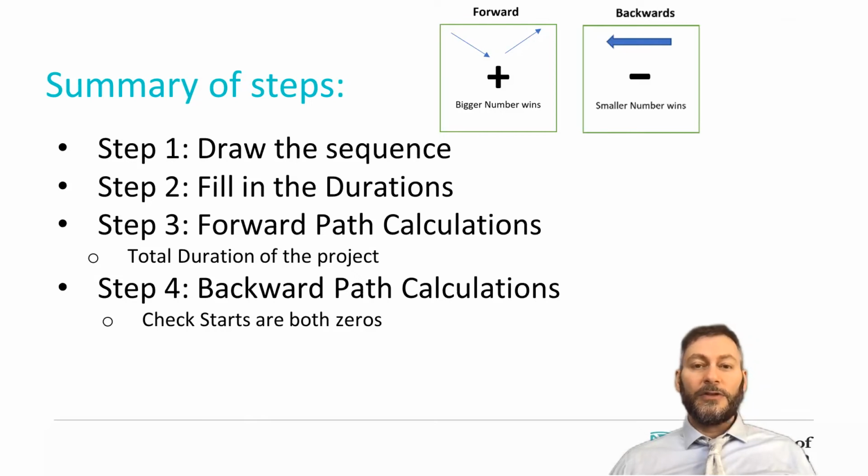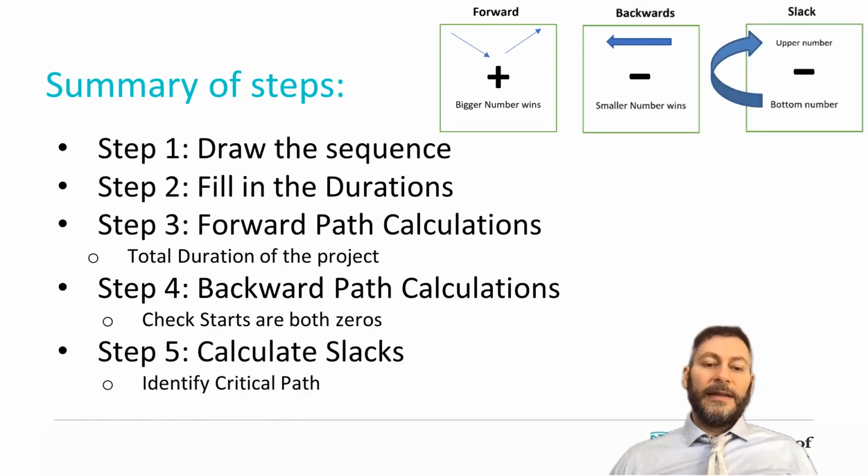The aim at the end to make sure is the first activity has 0 on the top and the bottom, which indicates your calculations were correct. And then you calculate the slack, which is the bottom number minus the upper number. And this helps you identify those activities that have 0 in there as slack, and these become the critical path.